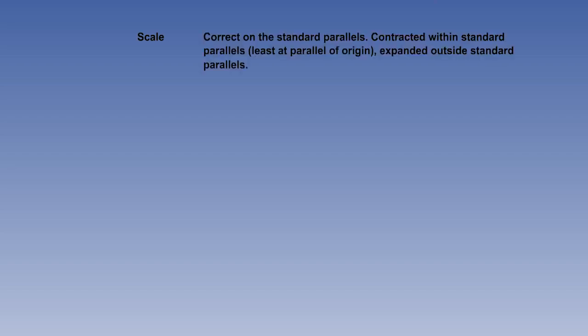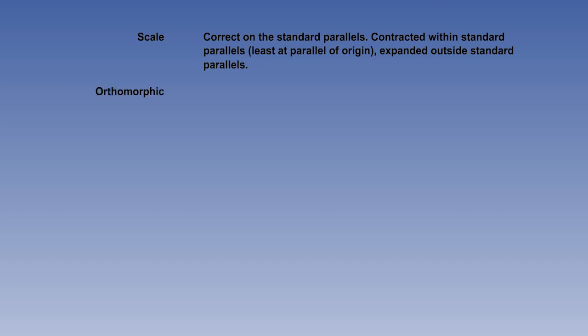So, let's summarize what we have covered. We looked at scale. It is correct on the standard parallels. It contracts inside them, becoming least at the parallel of origin. It expands outside the standard parallels.